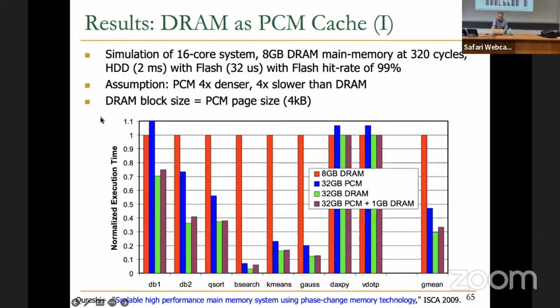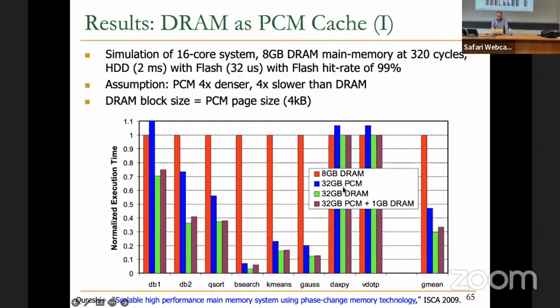Results are normalized to this baseline of 8 GB DRAM. Having PCM as standalone memory with 32 GB, on average you observe some performance benefit. Why is that? Because you have a larger memory. So now you are actually getting the good thing about having a larger capacity. Once you have larger memory, you access flash less frequently, right? So that's why you observe better performance compared to the 8 GB DRAM.